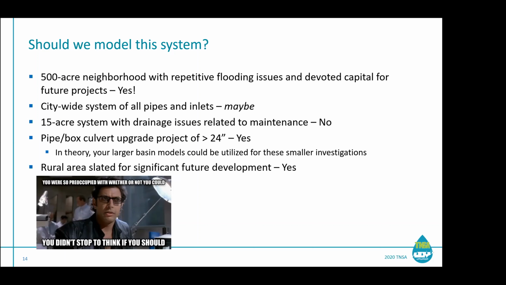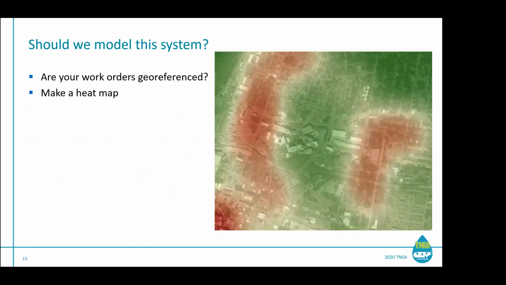And of course, for an area slated for significant future development, building a future stormwater model would be very helpful too, almost regardless of size. It's really interesting to see how impervious area changes runoff. Should we model this system? Another hint could be a heat map made from your work orders. And this goes back to some of your asset management.